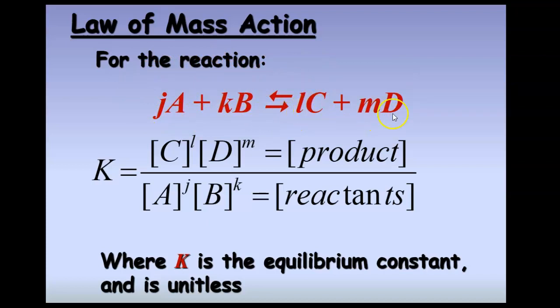So your C and D are your products, and l and m are their coefficients. Your coefficient becomes the exponent. The coefficient here becomes the exponent. And then over the reactants, which is the concentration of A to the power j times the concentration of B to the power k.